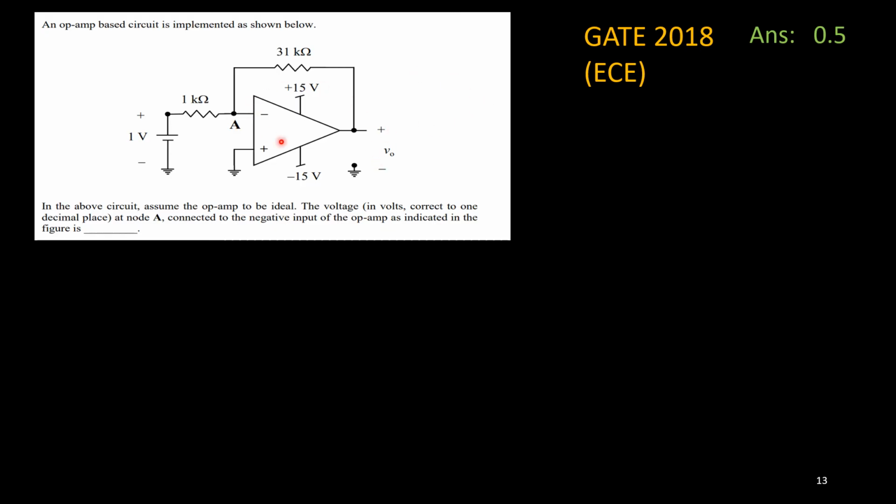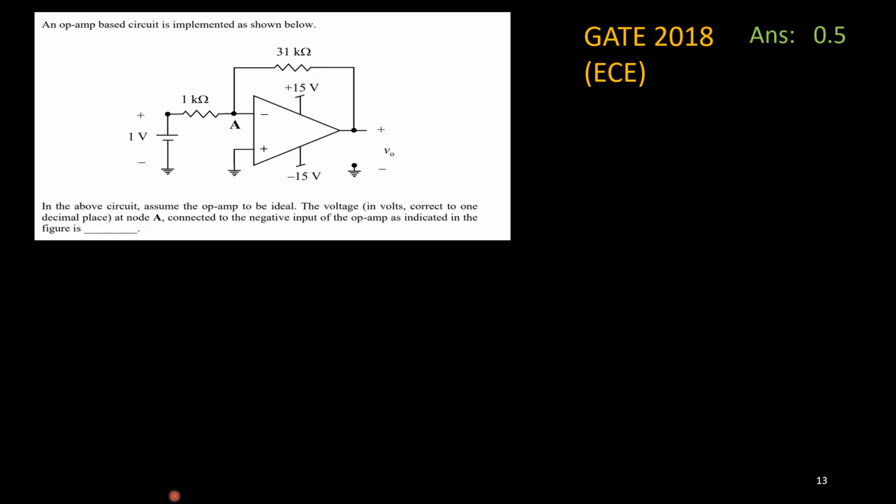Now, if it is ideal, then this negative feedback is already there. Fine. So with our previous knowledge, it looks like it is an inverting amplifier. Okay, if it is an inverting amplifier, then if I consider that these two ends are having same potential, then VA is 0 only. Then what is the output voltage? That first we should check with this negative voltage and infinite input impedance.